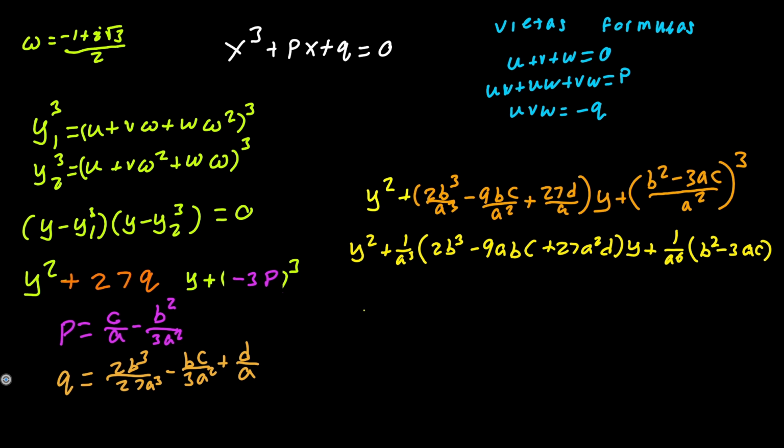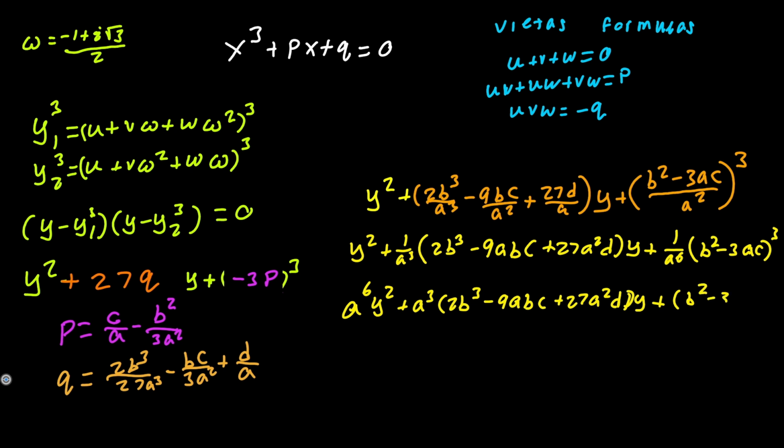And multiplying by a to the 6, our general resolvent for a general cubic is going to be a to the 6 y squared plus a cubed times 2b cubed minus 9abc plus 27a squared d, times y, plus b squared minus 3ac cubed is equal to 0. So this is the Lagrange resolvent for a general cubic equation.